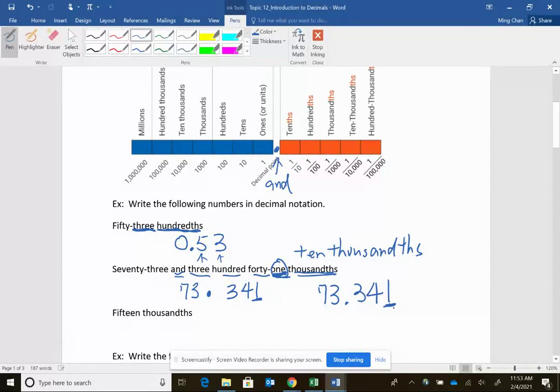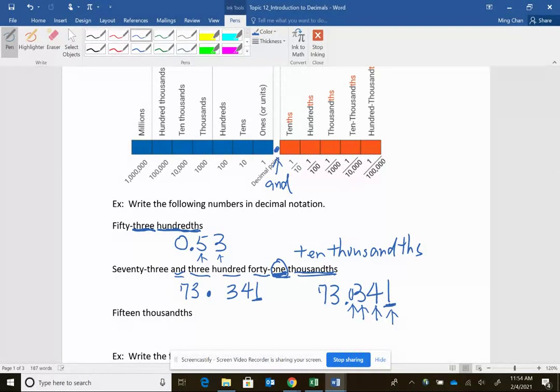Right now it is sitting on the thousandths, not the ten-thousandths. So how do I make this 1 sit on the ten-thousandths? Simply add a 0 between the decimal point and the 3. Now the 0 is the tenths, 3 is the hundredths, 4 is the thousandths, therefore the 1 will be on the ten-thousandths. That's the tricky part.